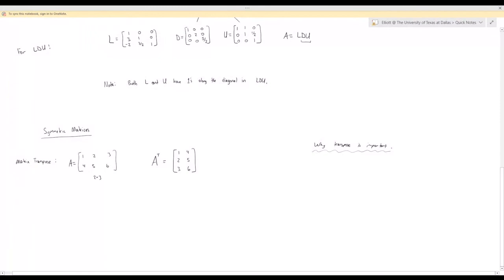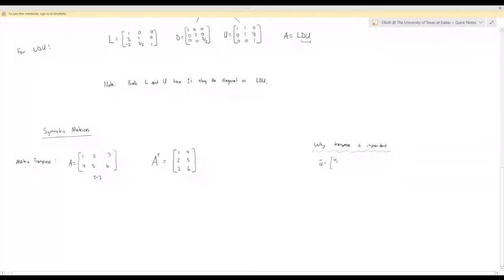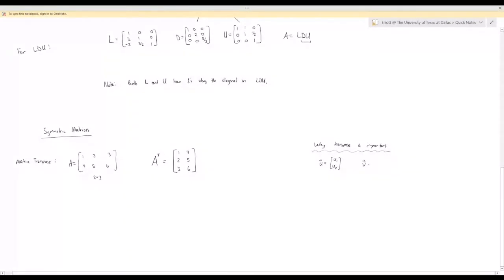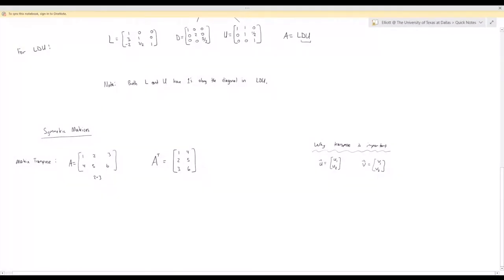Okay. So let's say that we have two vectors. Let's say U is a vector. Just to keep it small, let's just say it's in 2 dimensions for now. So they have 2 components. Okay. So we have these 2 vectors here, U and V.